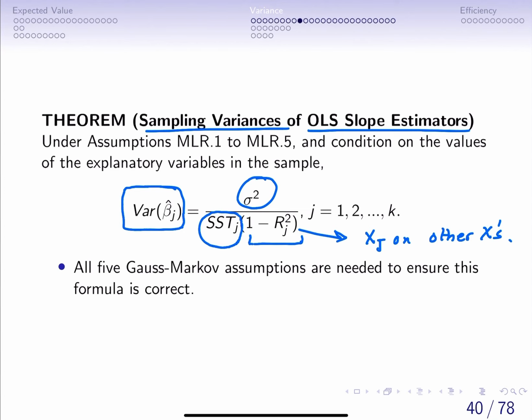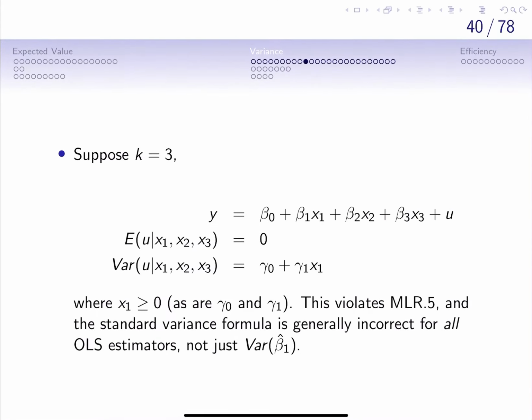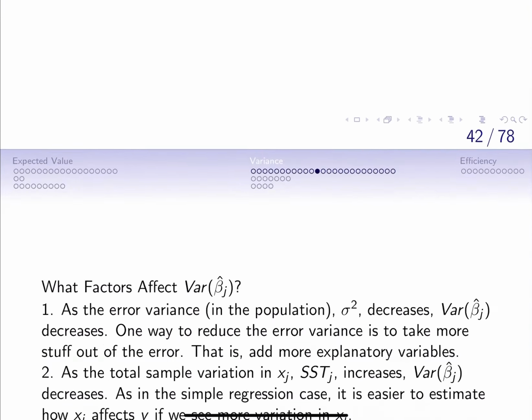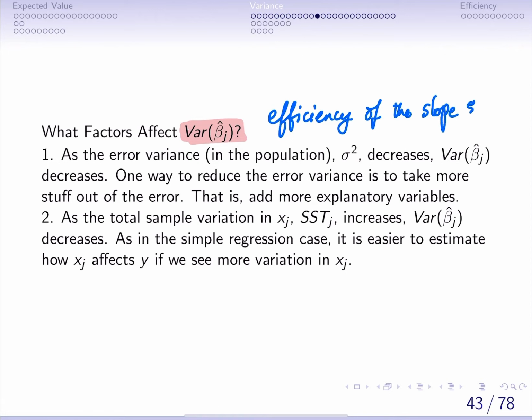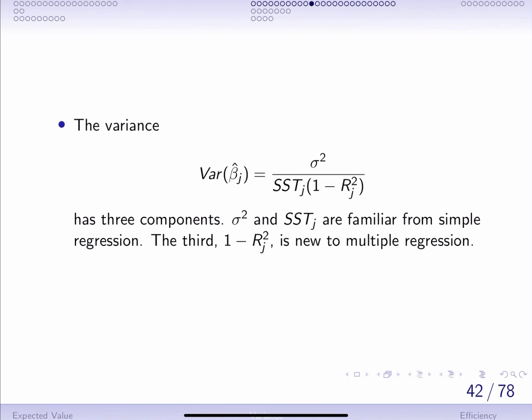Let's take these one by one and understand the implications. What factors affect the variance of beta hat j, or in other words, the efficiency of the slope estimator? Remember the formula.